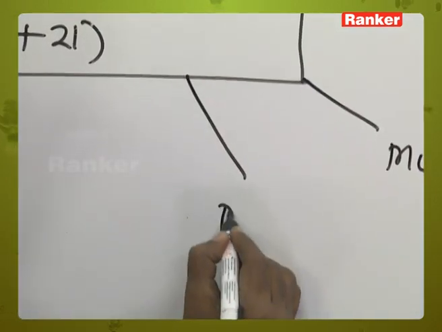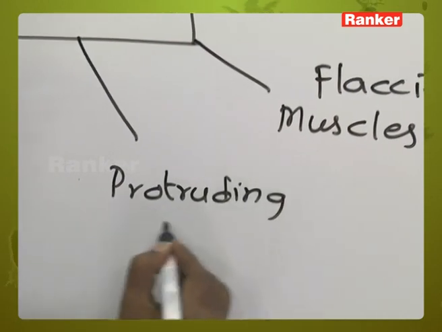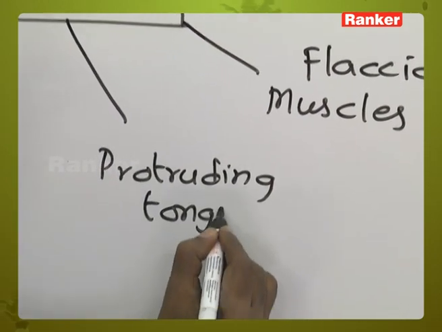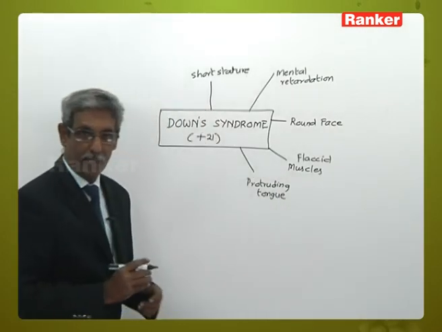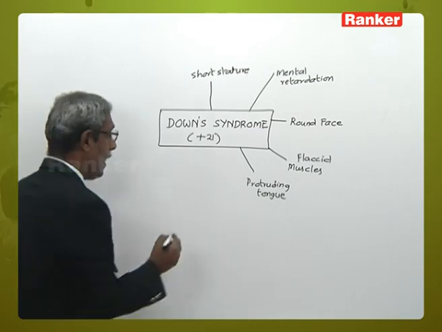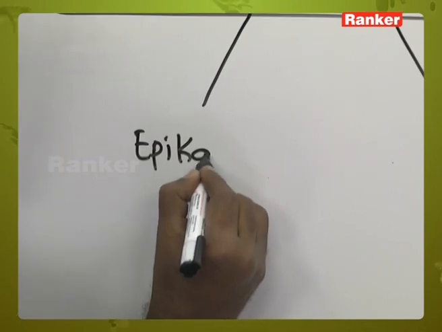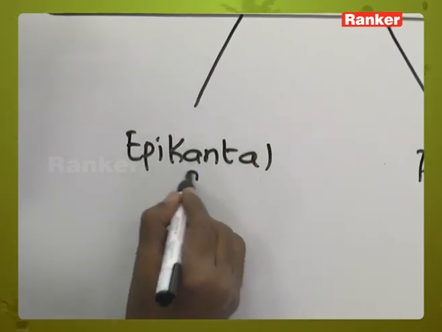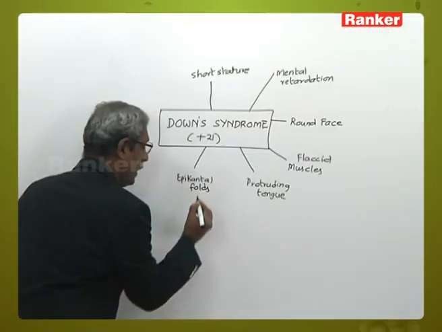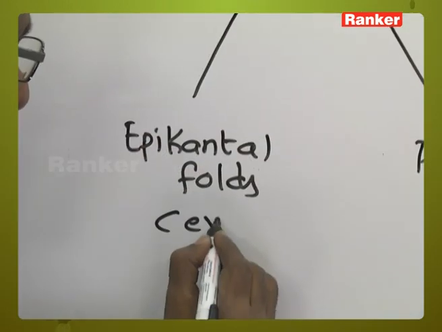They have a protruding tongue. Epicanthal folds are present on the eyes.